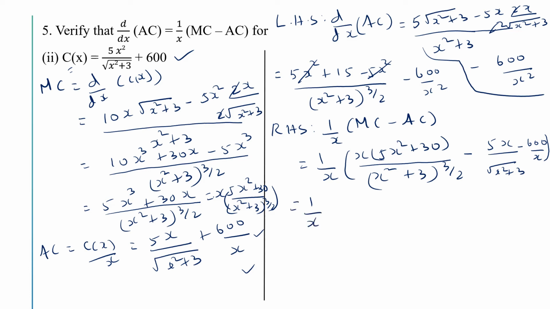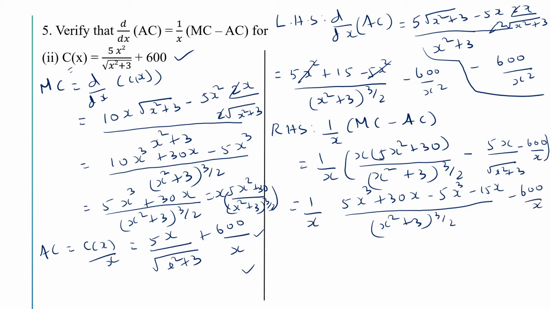This is equal to 1 by x into 5x cube plus 30x minus 5x cube minus 15x divided by x square plus 3 the whole raised to 3 by 2 minus 600 by x. So these two will go.